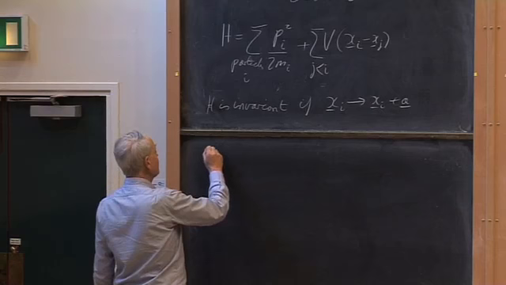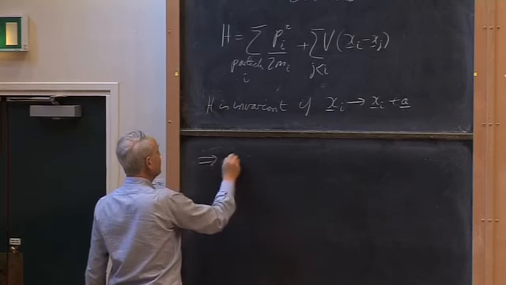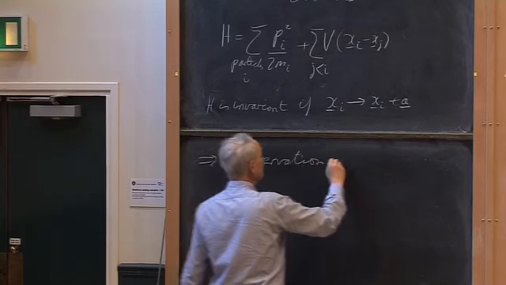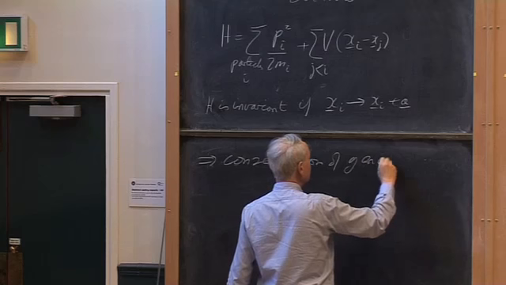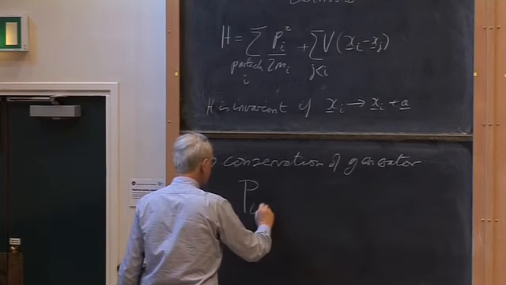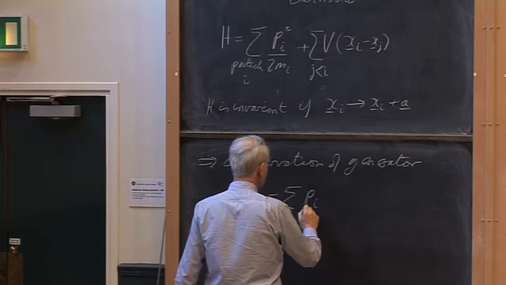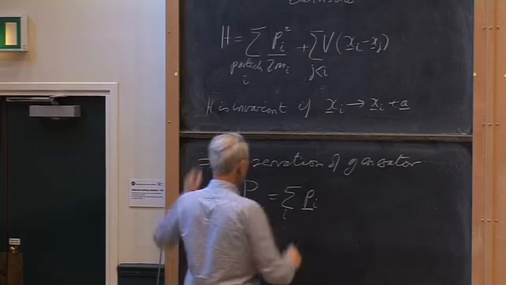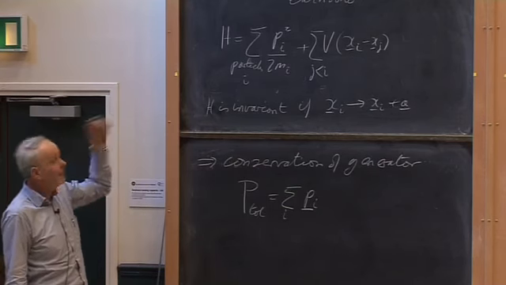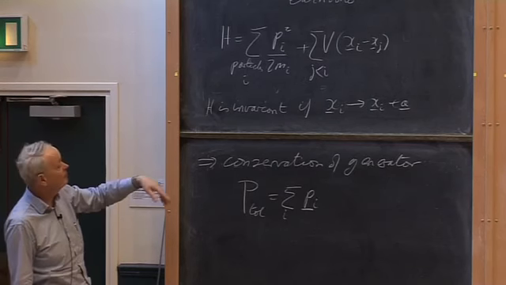So this transformation implies conservation of the generator, which is going to be the total momentum, being the sum of the momenta of the individual particles. Of course, we recognize that the total momentum of this system is going to be conserved because action and reaction are equal and opposite, back to Isaac Newton.